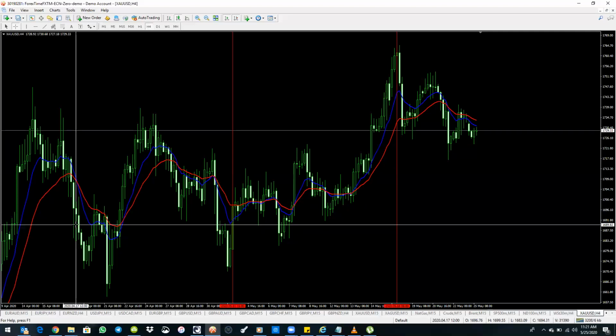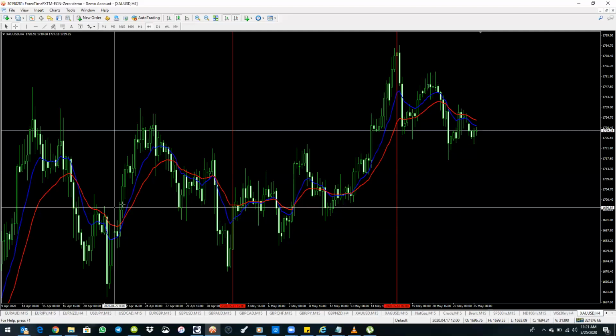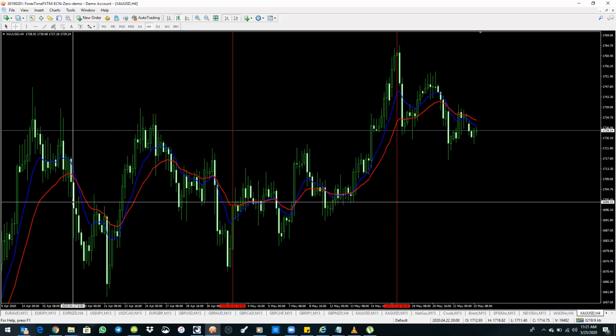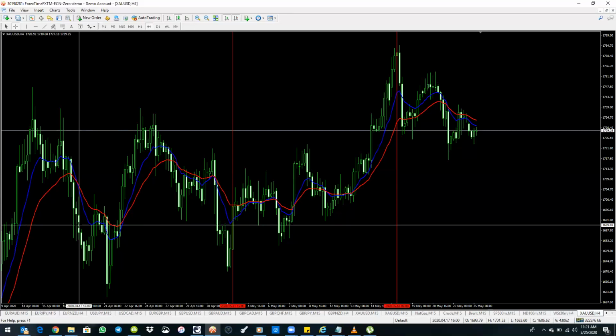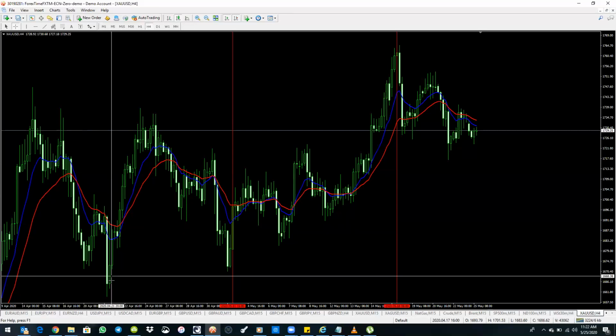Recall I also said in the previous video that indicators are usually lagging. They lag behind the price. Price would have already done what it wants to do before the indicators catch up. But sometimes it can just give you the general direction of the market. You see, when this crossed over here, you can see market still went down a bit.